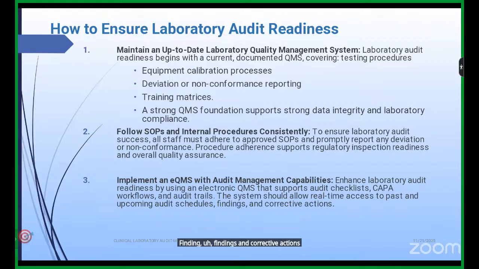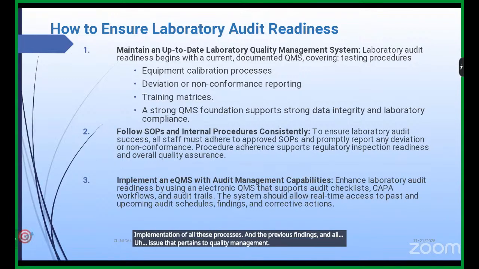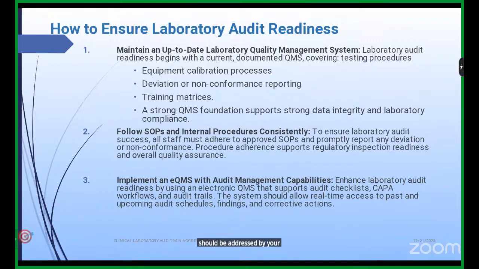So you should tailor your systems in such a way you're able to check issues easily and check the trails, the workflows, the implementation of all these processes and the previous findings, and all issues that pertain to quality management should be addressed by your system very well.